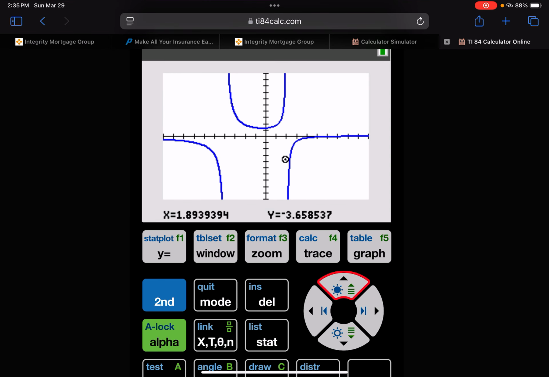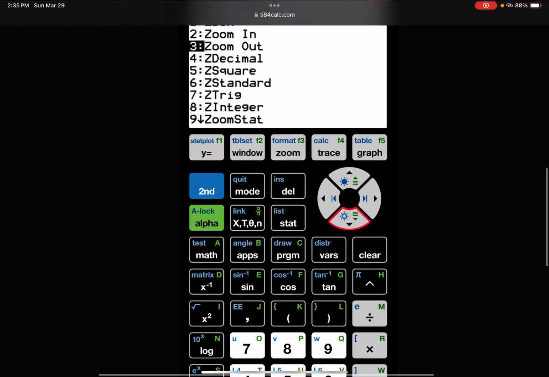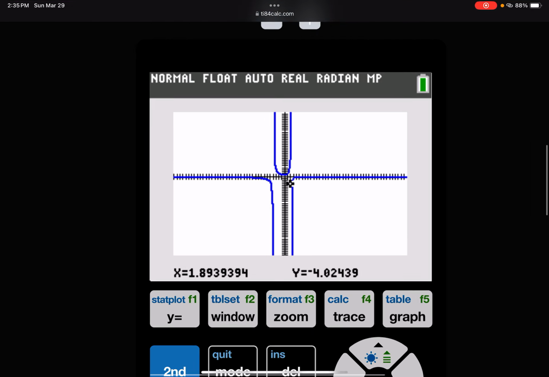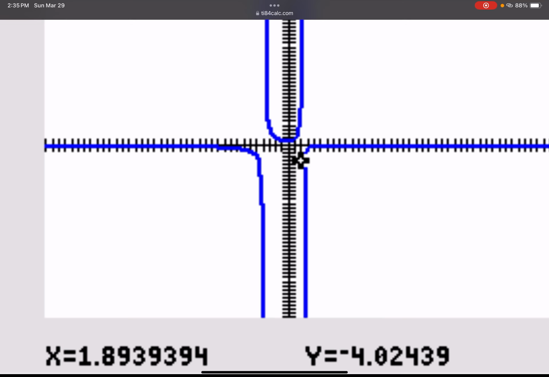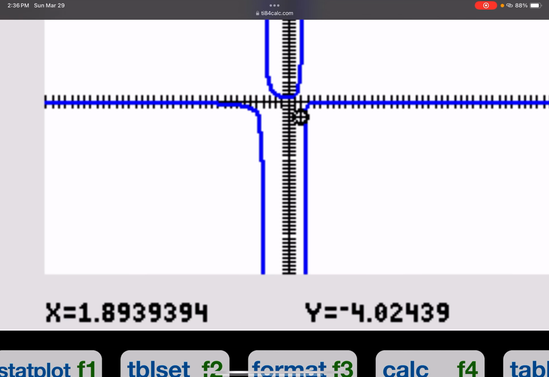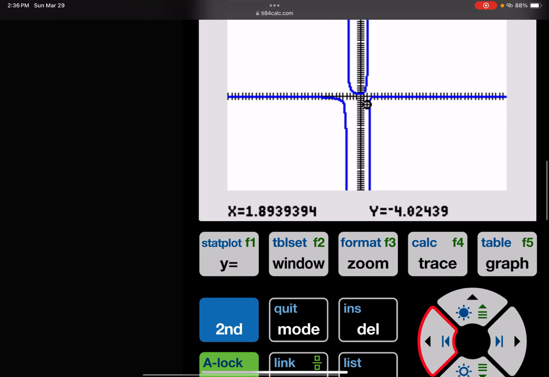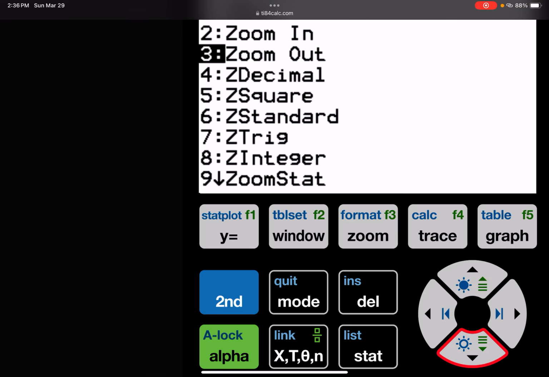It's hard to tell that in the graph, but if I zoomed out a bunch of times, well, it's still kind of hard to tell, but it'll never touch x equals 2. See, here's my point. That's at x 1.89, so pretty close to 2. It's never going to touch it. Let me zoom back out.